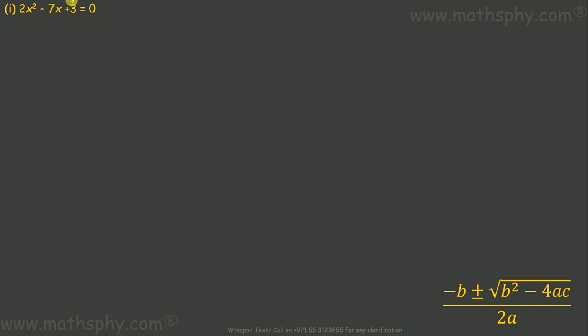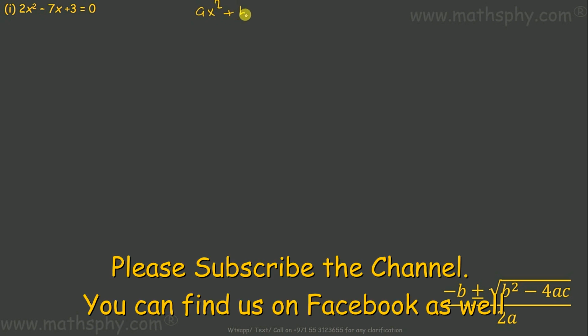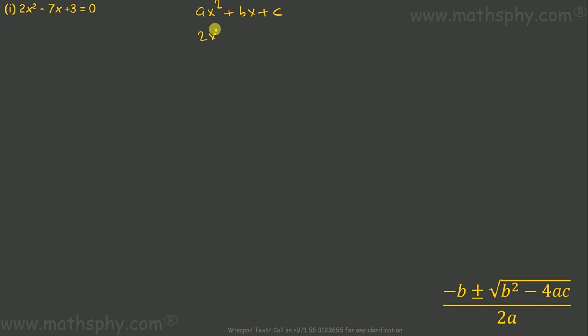This is a quadratic equation here, which is in the format of ax squared plus bx plus c. Now a here is 2, b here is negative 7, and c here is 3. I'll write this: a is 2, b is negative 7, and c is 3.